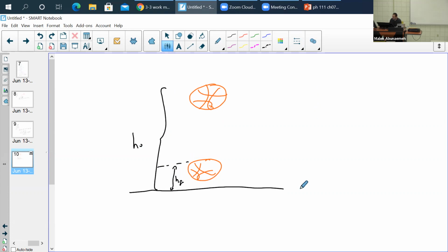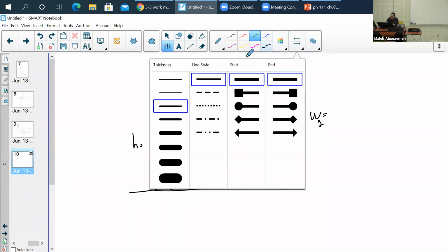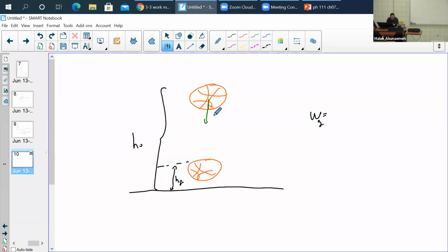Now, the work done in this case by gravity, because you have gravity acting on the ball going down, is again defined as your force multiplied by your distance, which is your mass times acceleration times your distance.